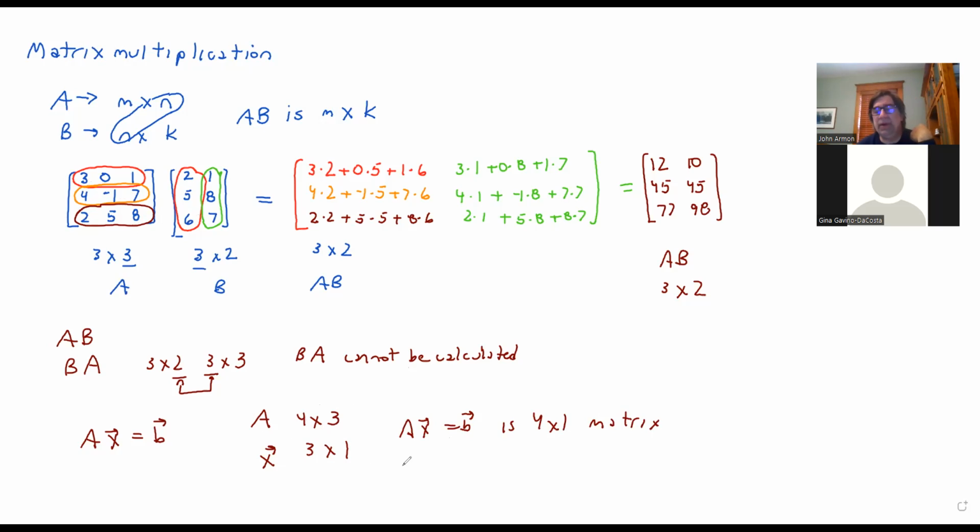So if X is a 3 by 1, like say, for example, the variables are X and Y and Z, you're going to need to come up with an answer for each of the 4 equations. So this is why this can be a 4 by 1 matrix. So that's kind of how we use matrix multiplication.